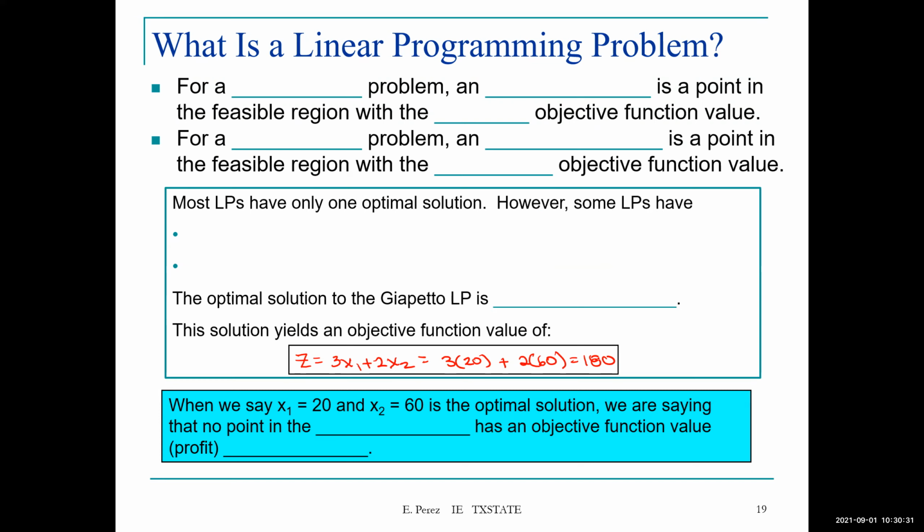The graphical method only applies to problems that have two decision variables. The reason we teach it is for you to understand what's going on and how the process works, and then we can go to the algorithm that will help you solve problems of any size. But we have to go through the graphical method first, so you understand what's going on, and then you can apply the algorithm.